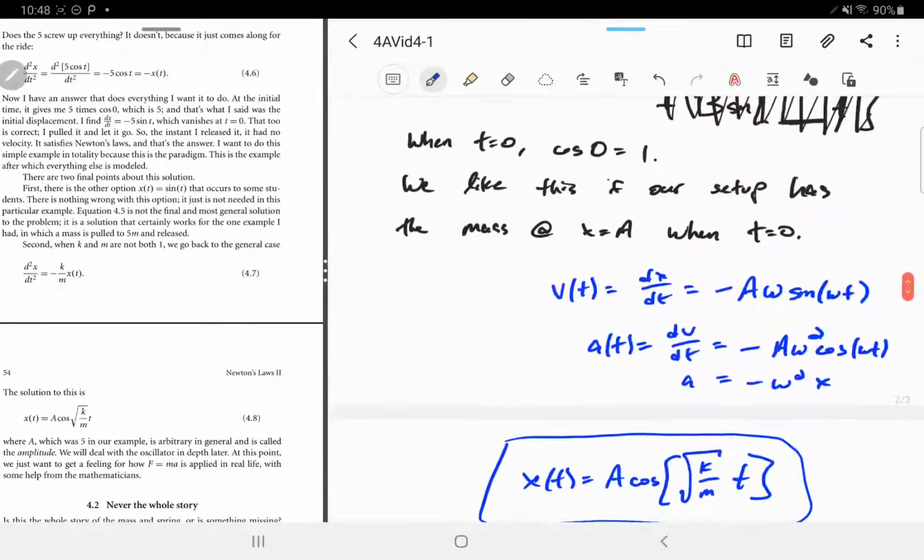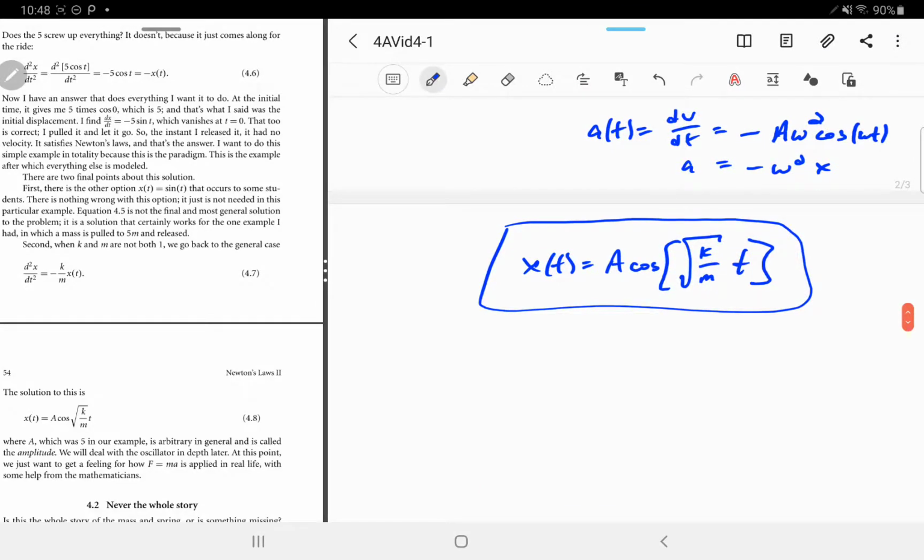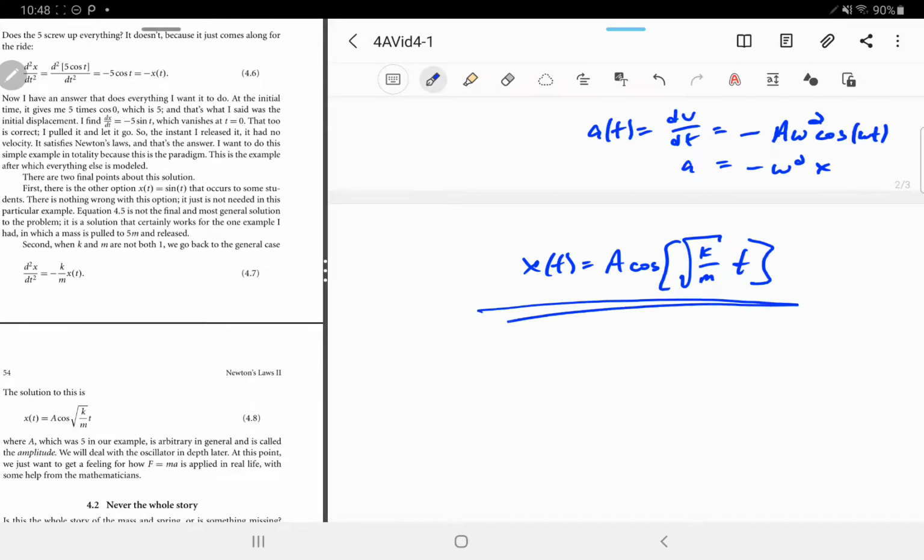Okay, so the point of this story is, you're going to need this formula. The point of the story is the motion. This is called simple harmonic motion, which we'll come back to later in the course, but we might use the term simple harmonic motion.